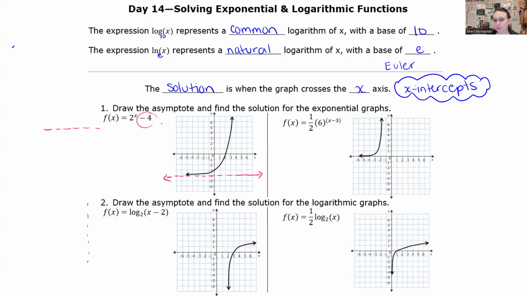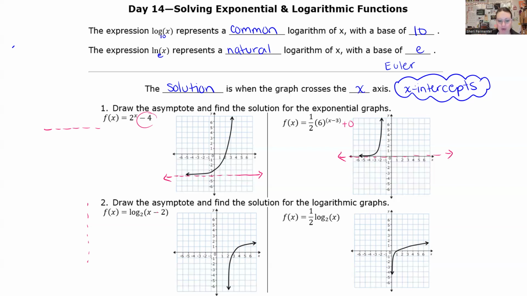For the next one, it's like +0, so the asymptote is at 0. So that's the first part of answering this question: drawing on the asymptote. For the logarithms, it's what goes with the x and its opposite.